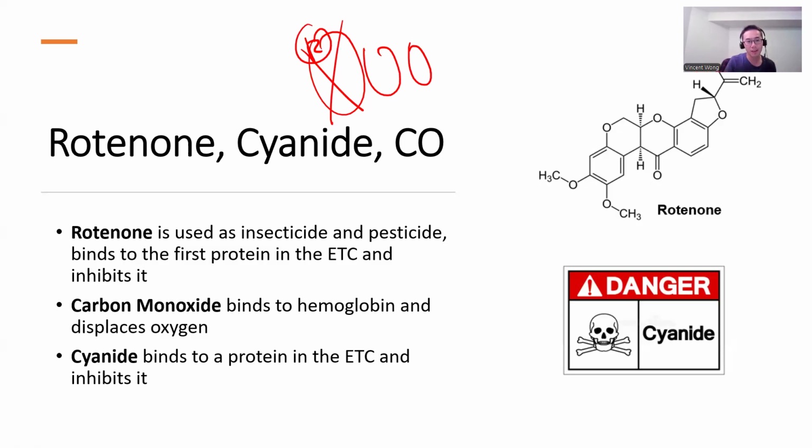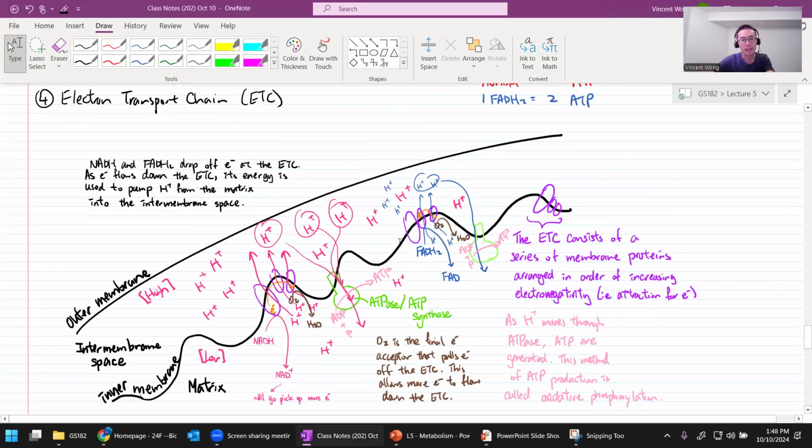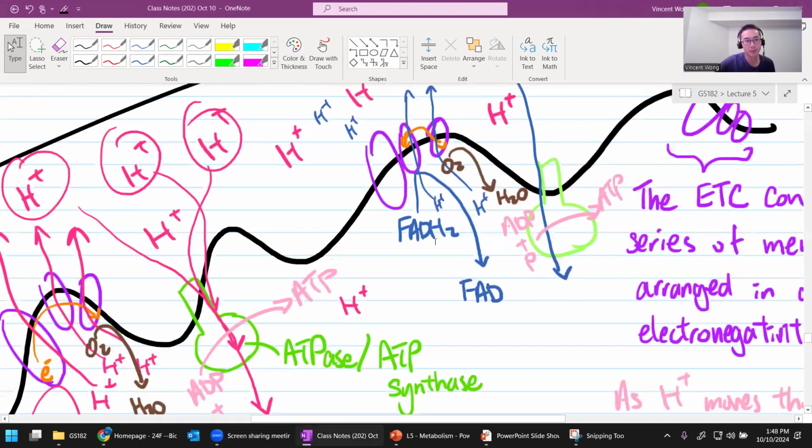And if you don't drop off the electron, you cannot produce ATP. Is this going to affect FADH2? FADH2, as you may recall, drops off at the second ETC protein, right?